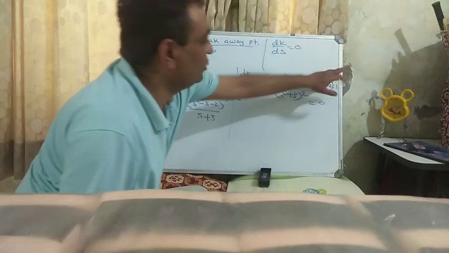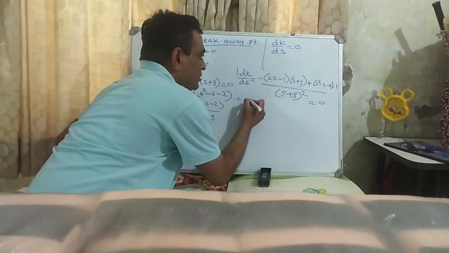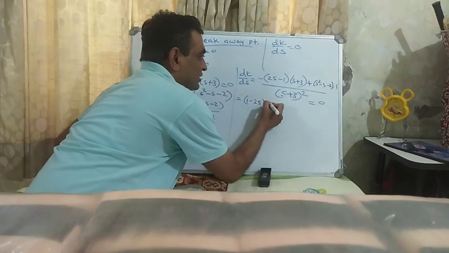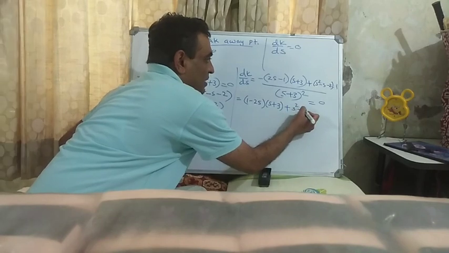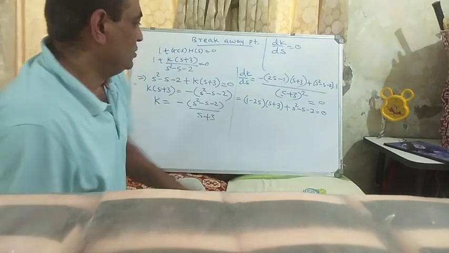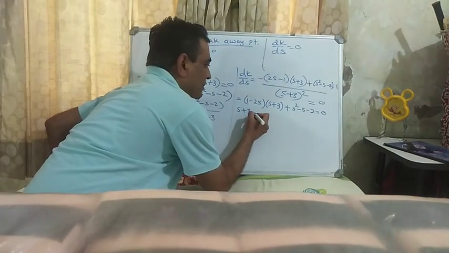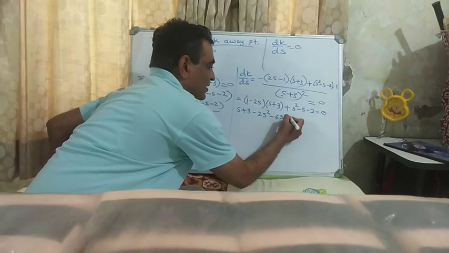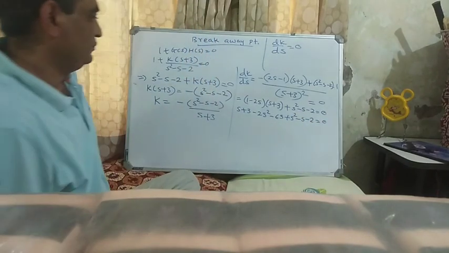So the denominator will vanish. So we get 1 minus 2s into s plus 3 plus s square minus s minus 2 is equal to 0. So this is minus 2s square minus 6s plus s square minus s minus 2 is equal to 0.